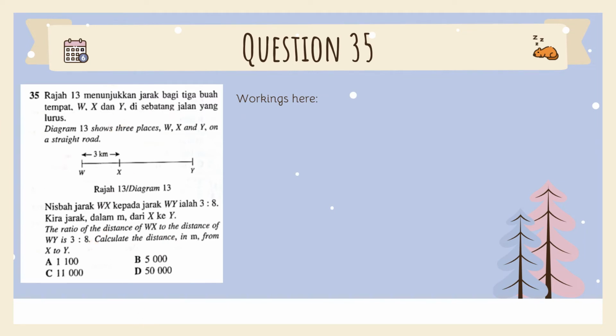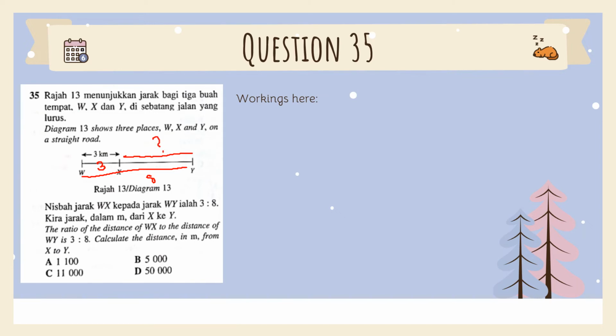Okay, so first we have to label the information given. So W to X equals 3 and W to Y, which is this whole road, equals 8. And now they ask us to find X to Y, equals how much.